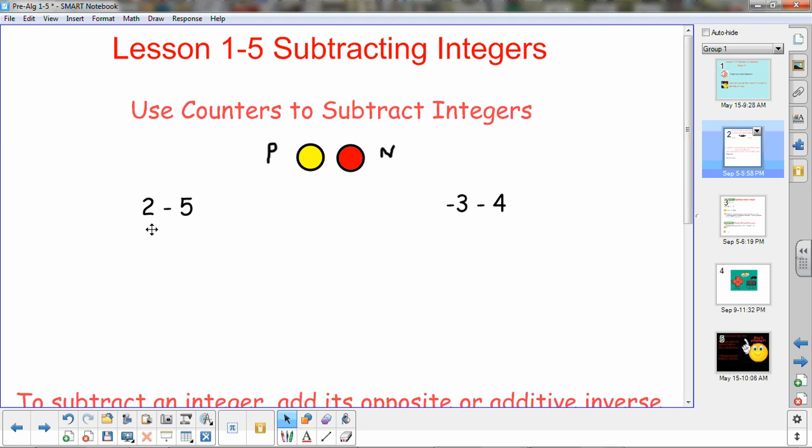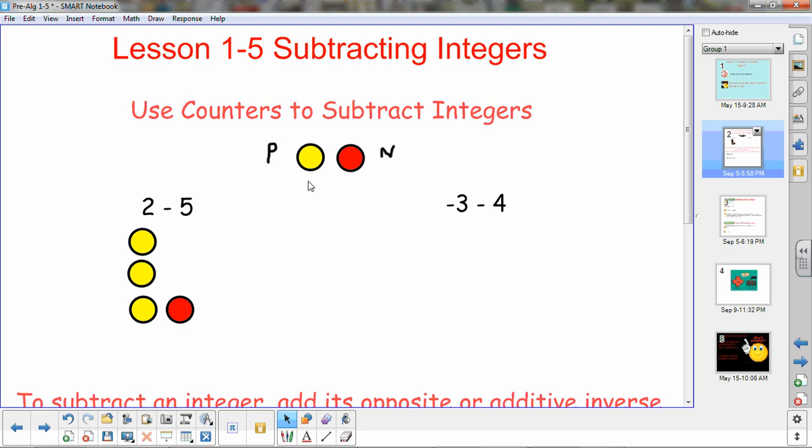If I want to model 2 minus 5 with counters, I would put down 2 positives. Now, if I wanted to take away 5 positives, I only have 2 there. So what I have to do is add some zeros, meaning one positive and one negative, because a positive 1 plus a negative 1 is going to equal 0.